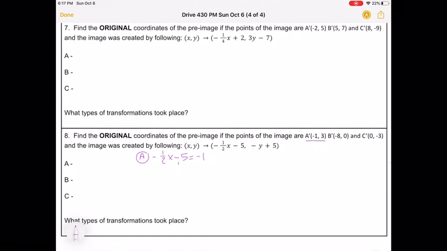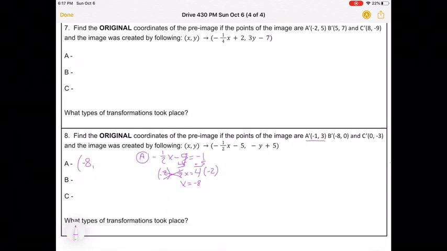When you solve that, we add 5, negative 1/2 x equals 4. To get rid of that negative 1/2, I multiplied by the reciprocal, which is negative 2, and x equals negative 8. Plug it in now so I don't forget.